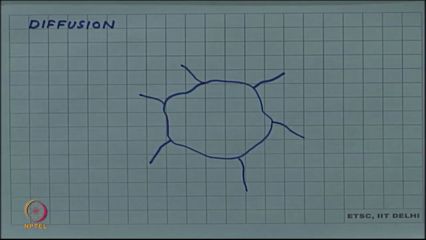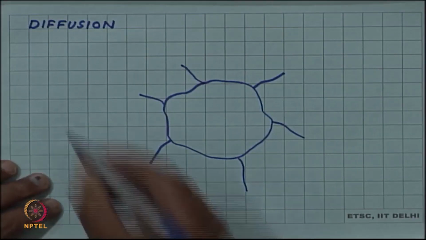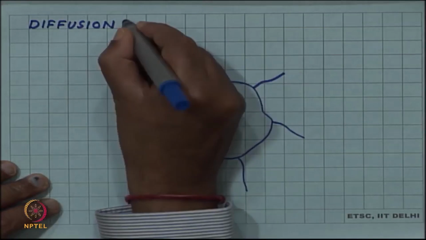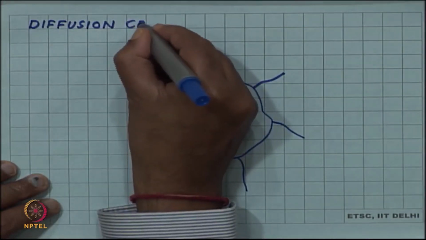Now, a dislocation free mechanism is so called diffusion creep, sometimes called diffusion flow.